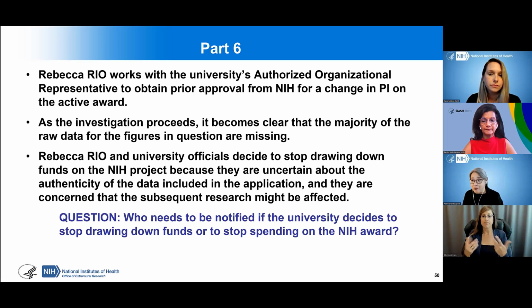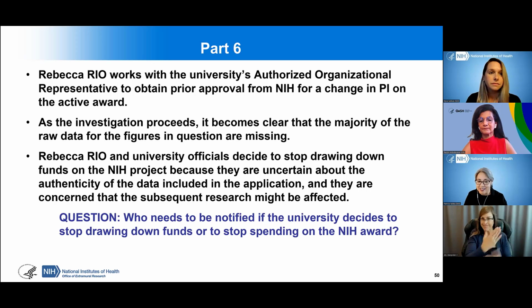Now, at the same time, you want to contact our office in OER just to let us know about the research misconduct investigation. So you say, okay, we have informed the NIH that there's a research misconduct investigation. Our office will keep the information very siloed. We only share that information on a need-to-know basis. And because we do tell our extramural staff, like the POs, the program officials, and the grants management specialists, about the importance of confidentiality, sometimes somebody forgets they heard that message, and they may tell someone.